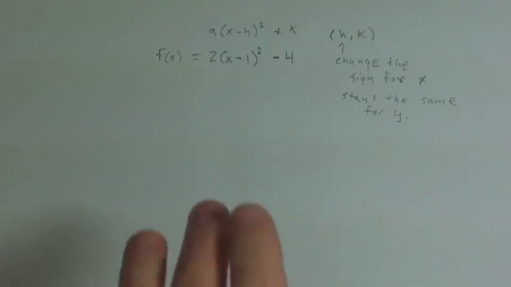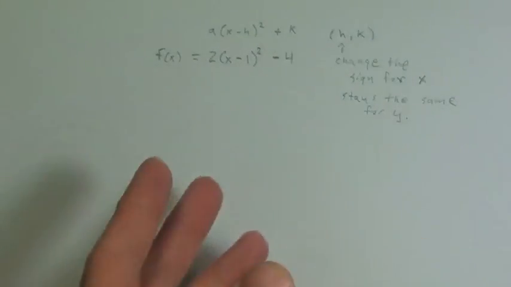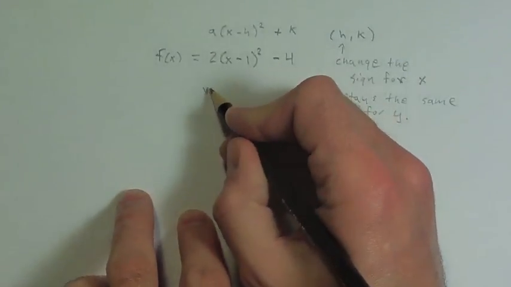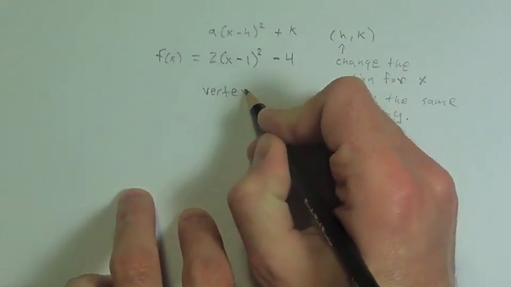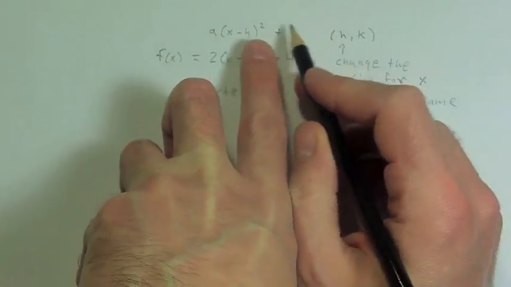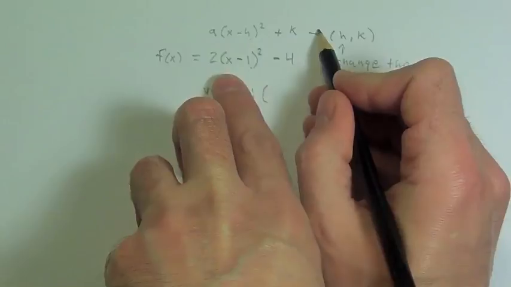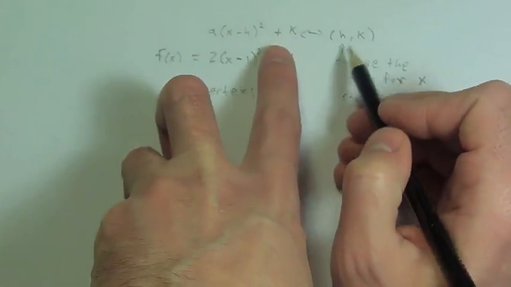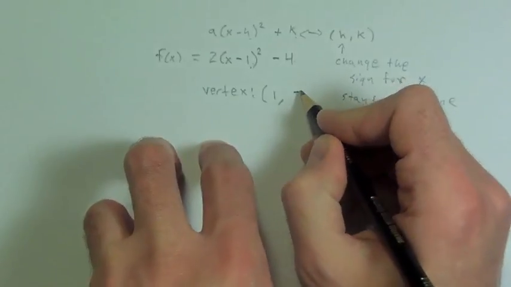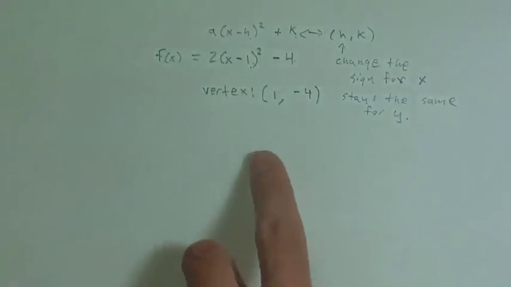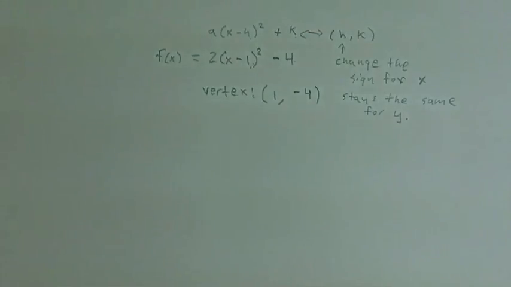Now I'm going to go through my minus h. We have minus 1, so for my vertex, remember for x I change the sign: we go from negative h to h. So negative 1 to 1, I changed the sign, but my y stays the same. So the vertex is 1, negative 4.